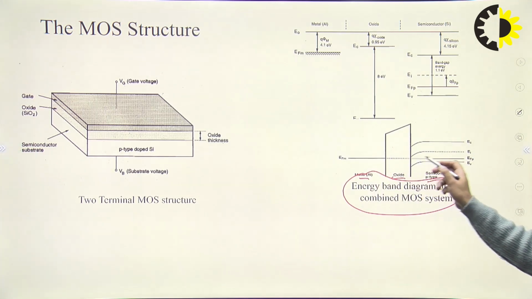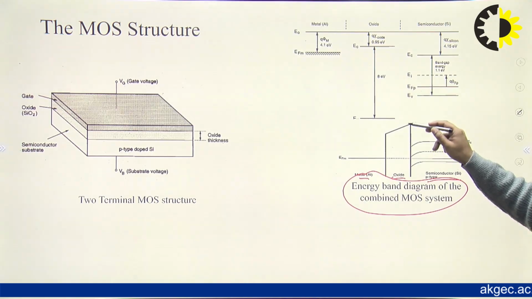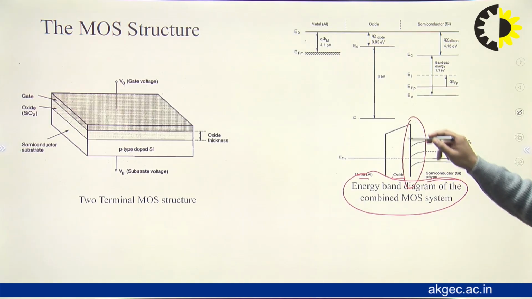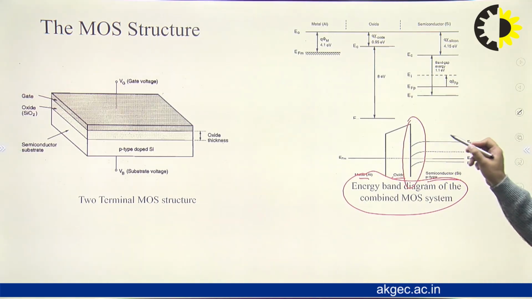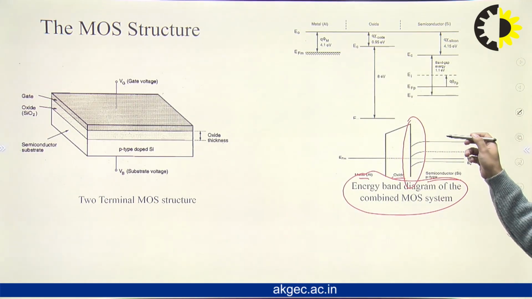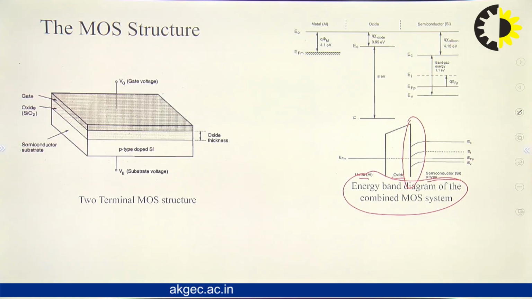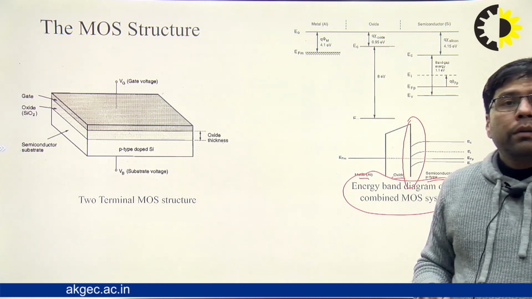EFM and EFB are aligned throughout the structure, and you can see here at the interface of the SiO2 layer and semiconductor layer, the band is slightly bending towards the downward direction, right. So this is the energy band diagram of a combined MOS structure.